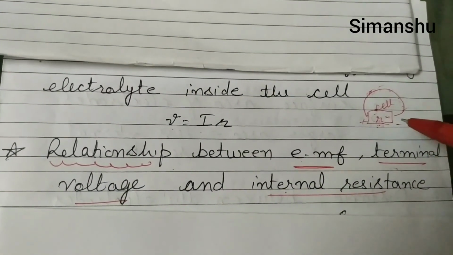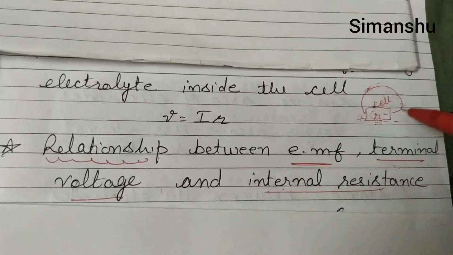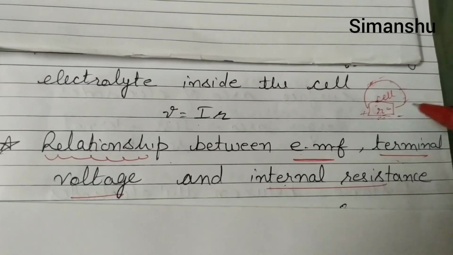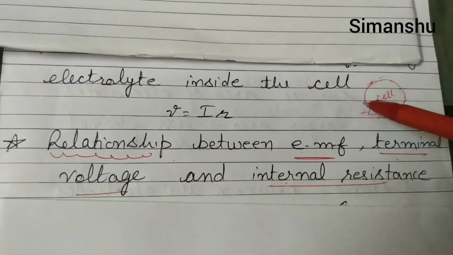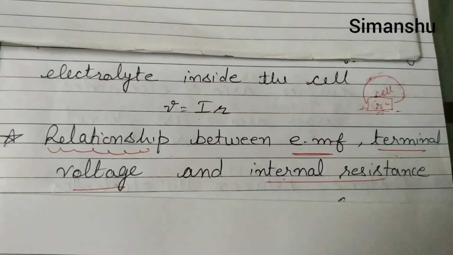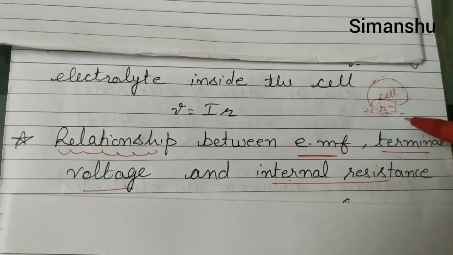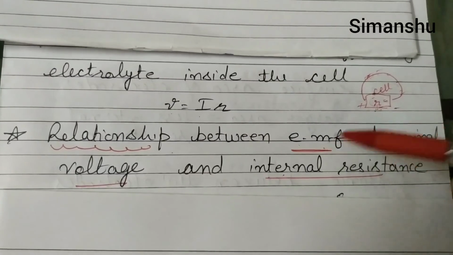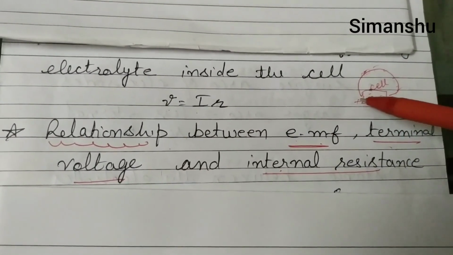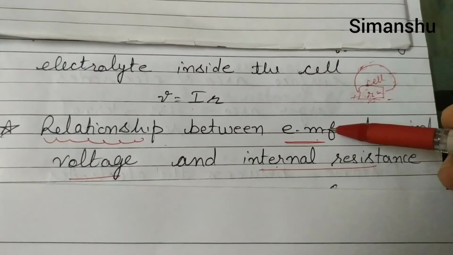So, when the switch is on, the key is inserted, at that time there will be flow of current throughout the circuit. That we know. Here we have to talk about what is EMF. Before inserting the key, the potential difference between the two terminals of the cell is EMF.